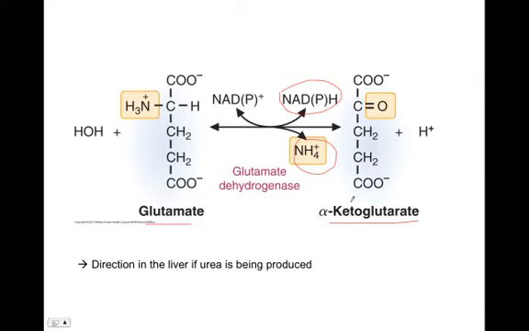Alternatively, the reaction can go from alpha-ketoglutarate to glutamate. In this direction, free ammonium is then fixed to alpha-ketoglutarate to generate glutamate. In that reaction, NADH or NADPH is oxidized.